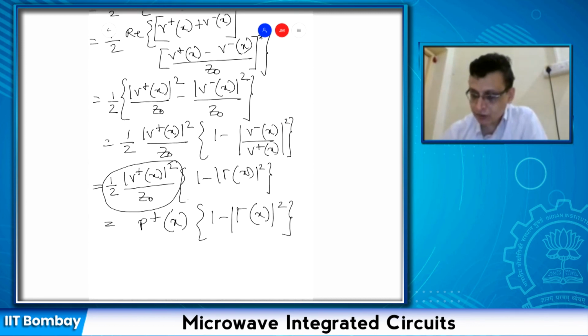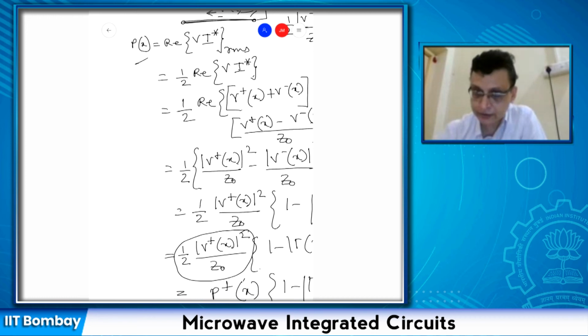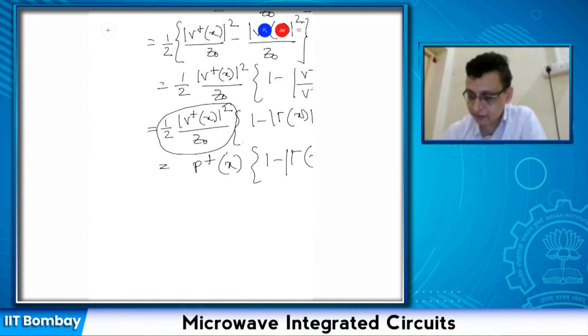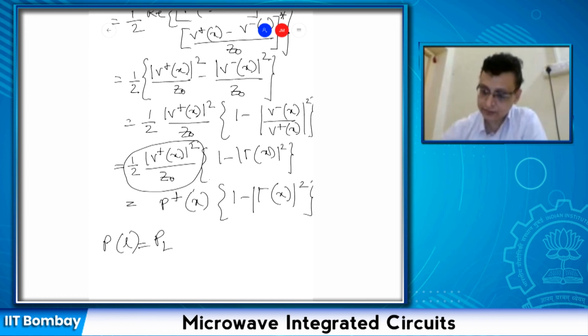Okay. Now, this is the power flowing at X, right? This value. So similarly, I can now write, instead of X, if I try to find out the power at a distance L from the source, which I call power flowing to the load, isn't it?